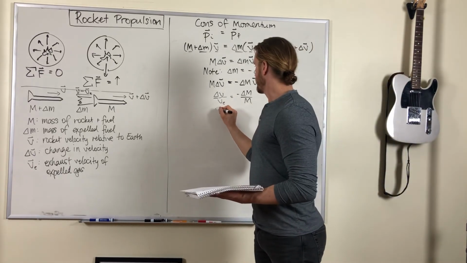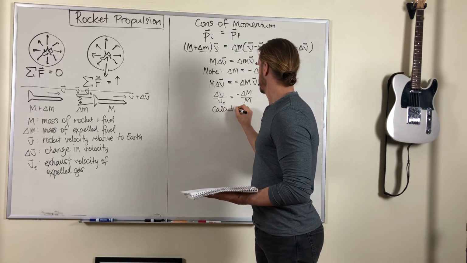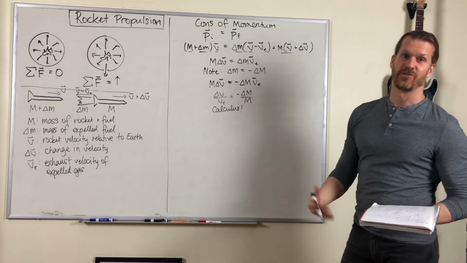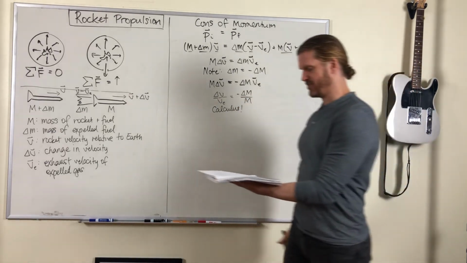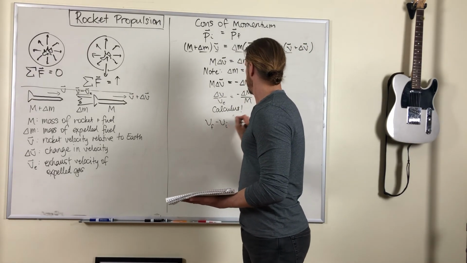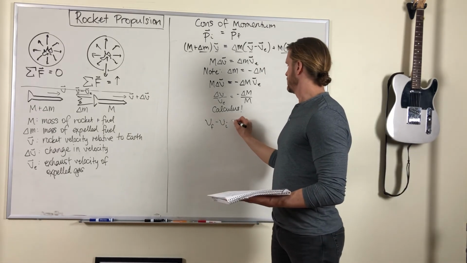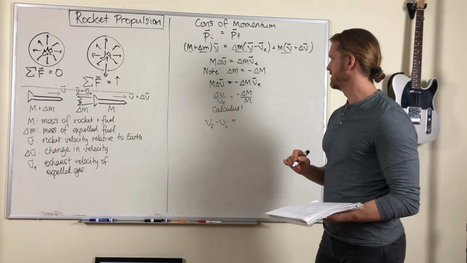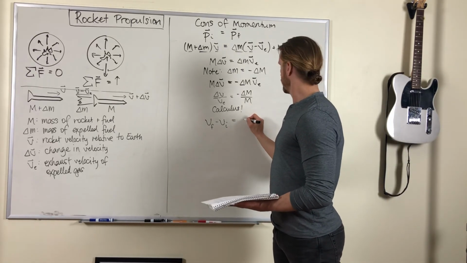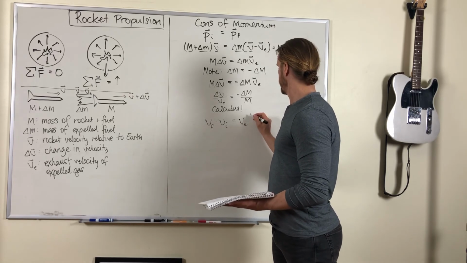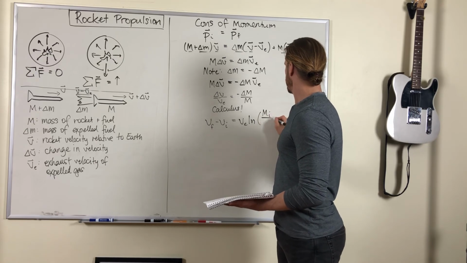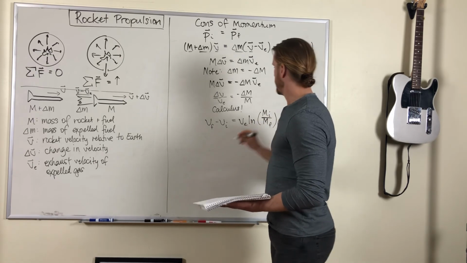And now by the magic of calculus, you can solve this differential equation and you get the result that the change in velocity, or V final minus V initial for any two instants in time, equals the exhaust velocity times the natural log of the initial mass of the rocket divided by the final mass.